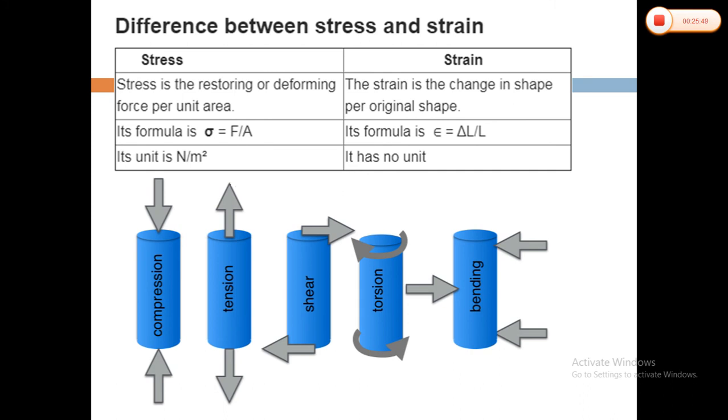Second one is tension, that is tensile stress, pulled on both sides equal and in opposite direction. Third one is shear stress. Fourth one is torsion. And finally the last one is bending. These are various types of stresses that can be applied to an object.